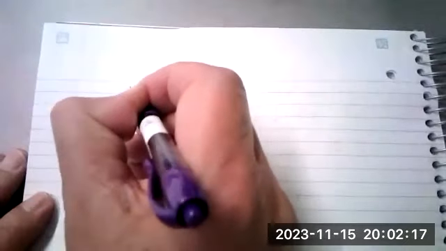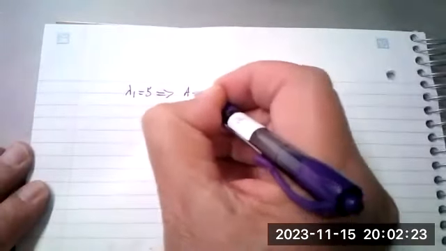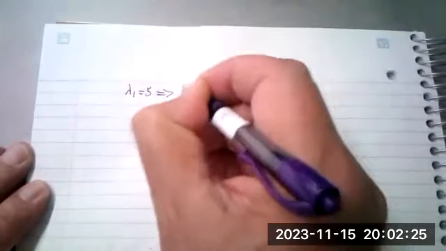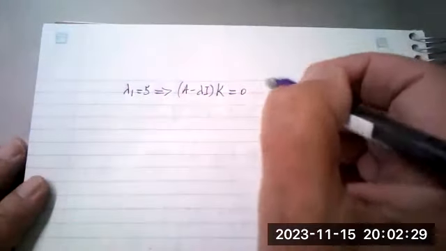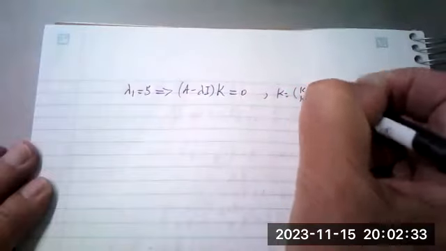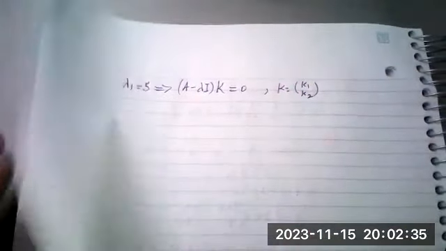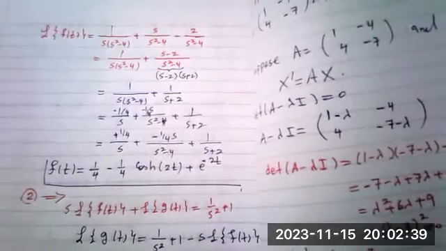For lambda 1 equal to 5, you go to that equation that we did have. The vector is going to be A minus lambda I times k equal to 0, where your k is going to be k1 and k2. So you go to this format that we did over here and replace lambda by 5.